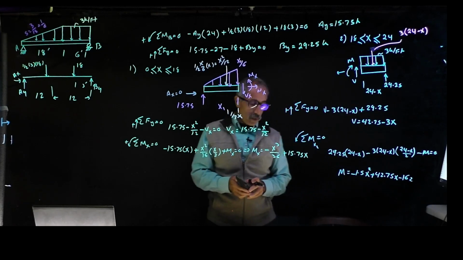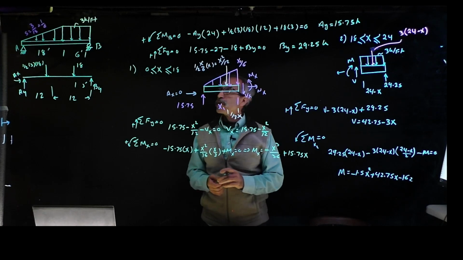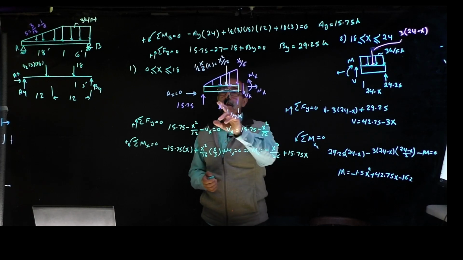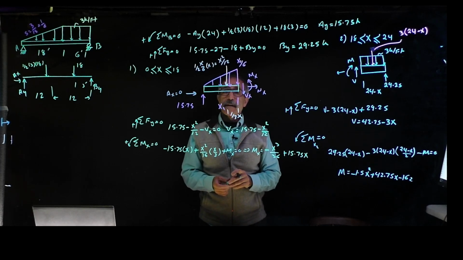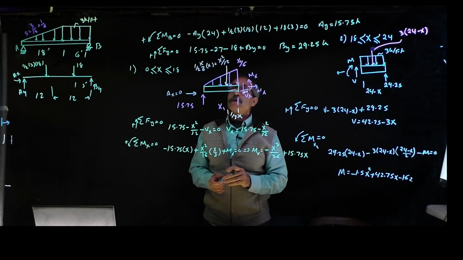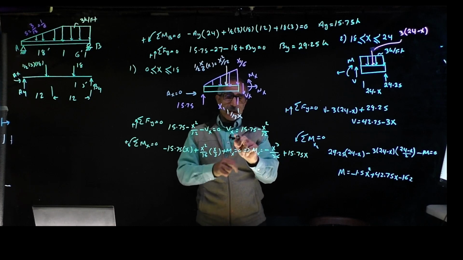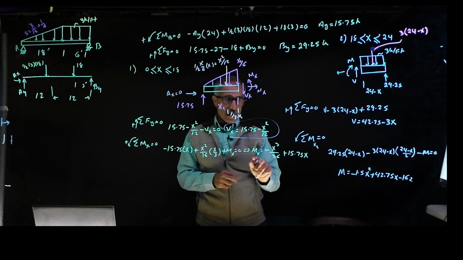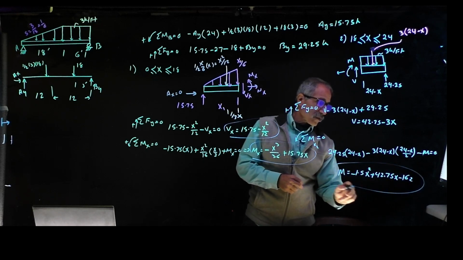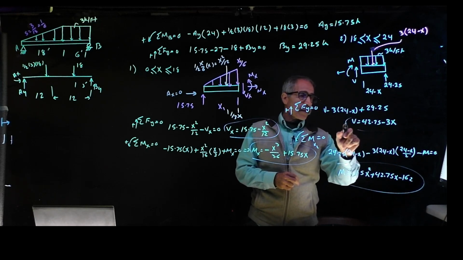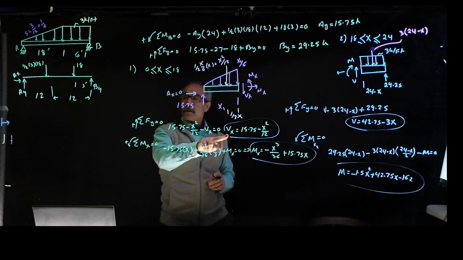But here's the point. What is the maximum moment? The maximum moment is where shear is equal to 0 in this whole thing. Is it going to be in this segment, or is it going to be in this segment? If you look at the shear force, this one came out at 15.75. This is the shear force here, and that's the moment right here. And make shear equal 0.